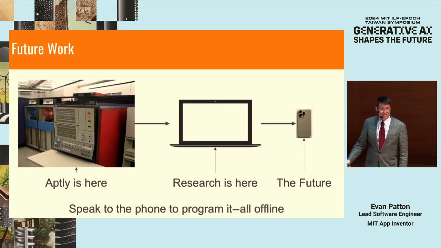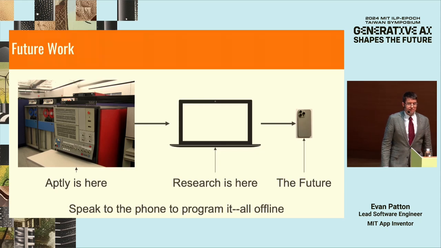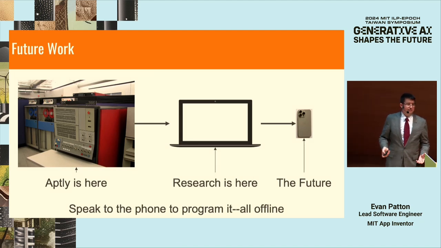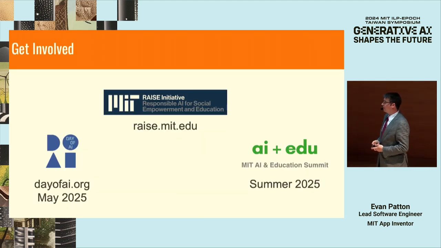Hey Siri, make me an app to help keep track of my refrigerator contents. And maybe we can do that all offline so that we can take these tools and bring the technology into remote areas where people otherwise would not have access to these large language models and still make a difference in their lives.